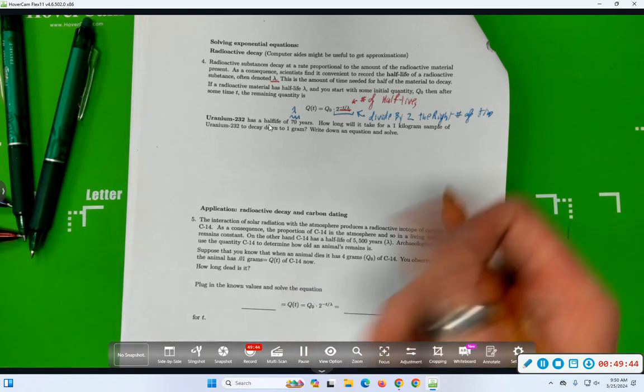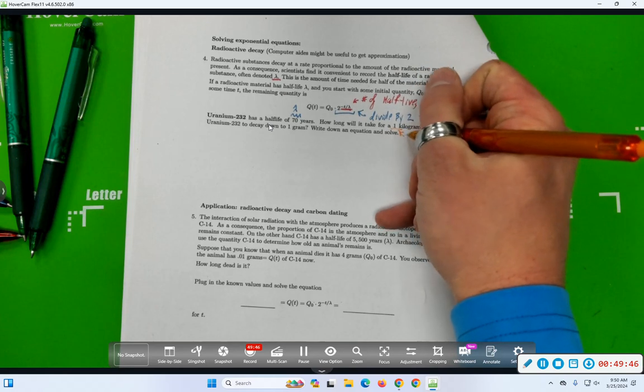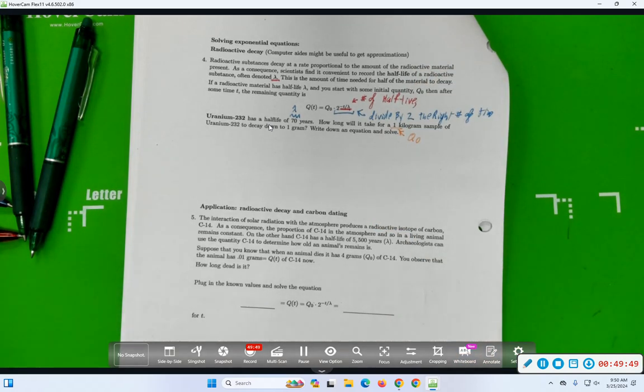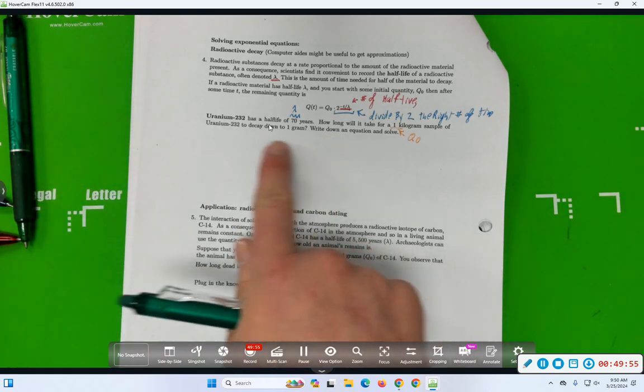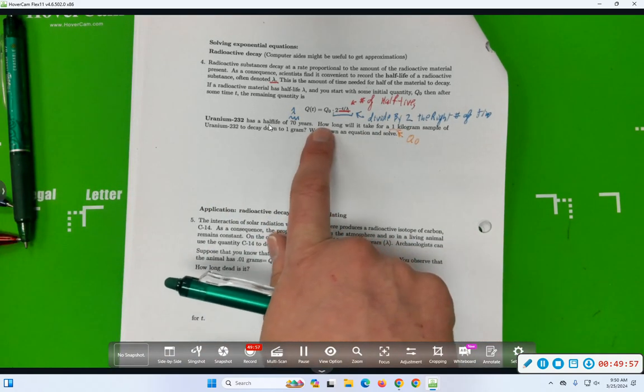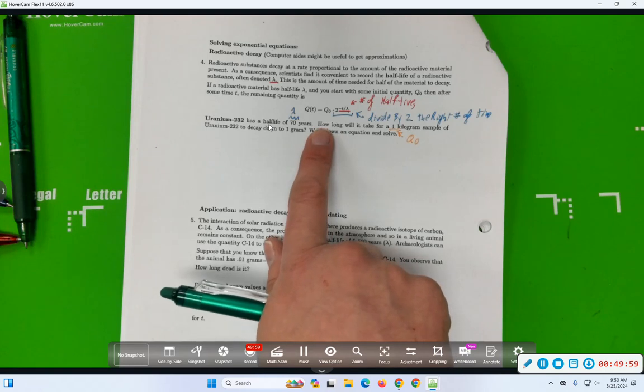If you take 1 kilogram, so there's some initial quantity, how long does it take to decay down to 1 gram? Well, what does that mean? I need to figure out how long it takes, so I want to solve for t. I would like to know a time.